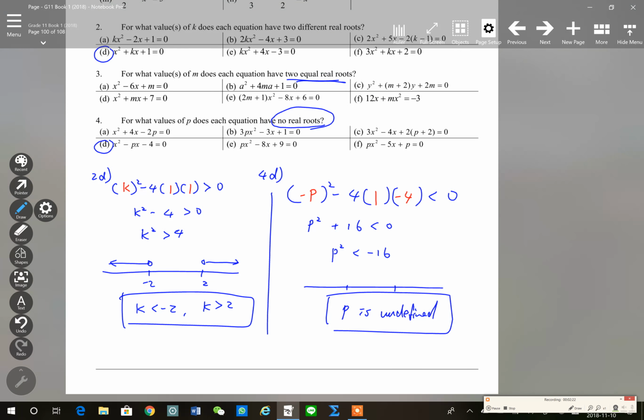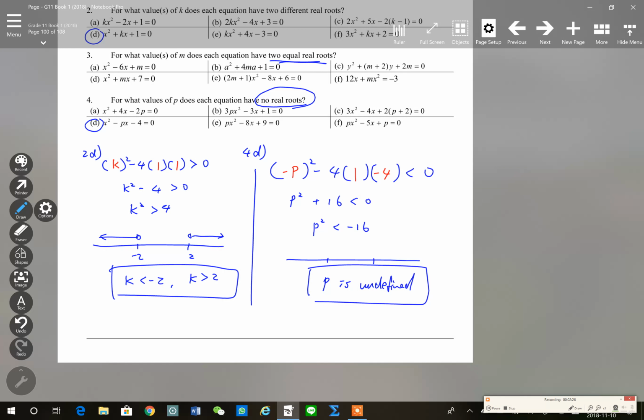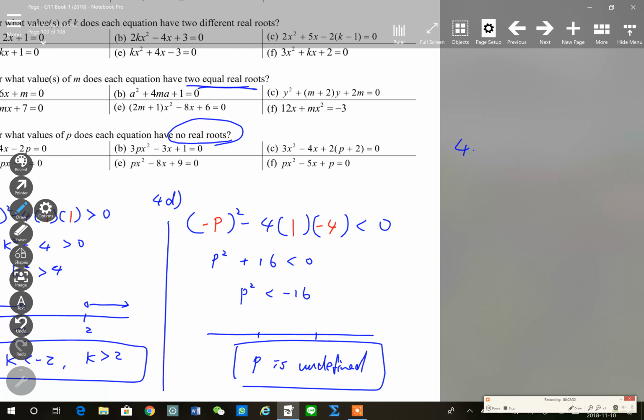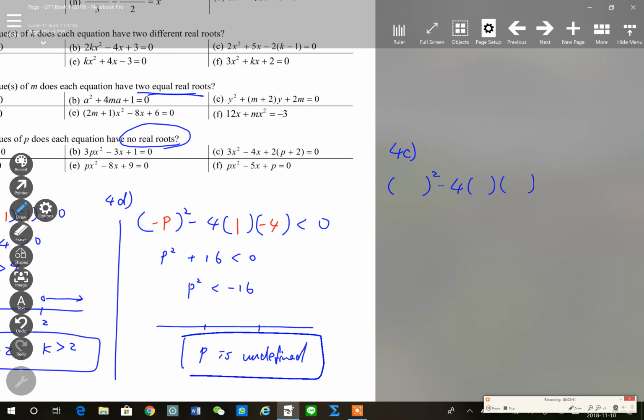Sure, we'll look at 4C first, right? You asked 4C? Okay. For 4C, B squared minus 4AC has to be what, Dominic?